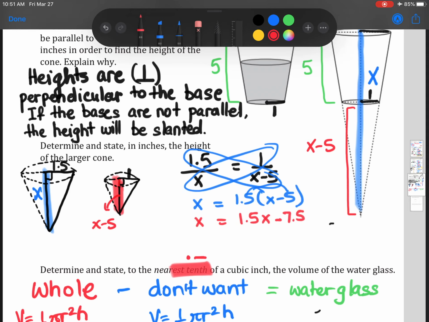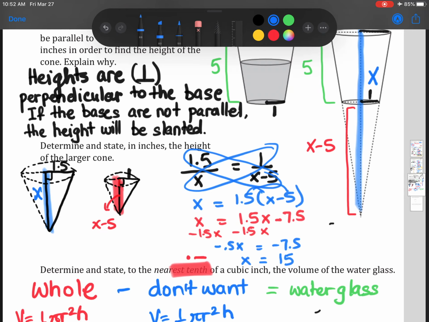Isolate the x, subtract 1.5x from both sides, and you get what? Negative 0.5x equals negative 7.5, and dividing by negative 0.5, you get x equals 15.